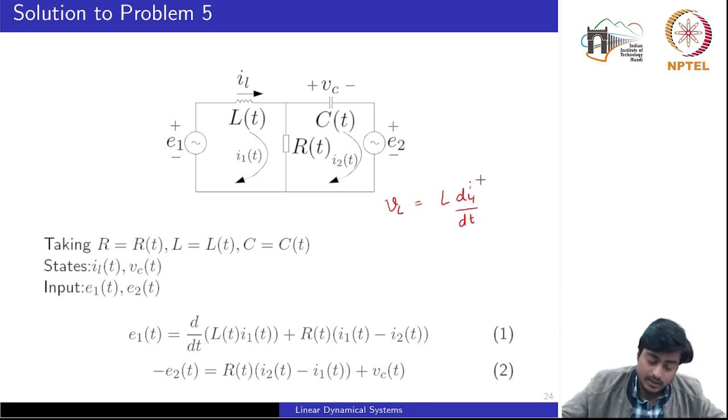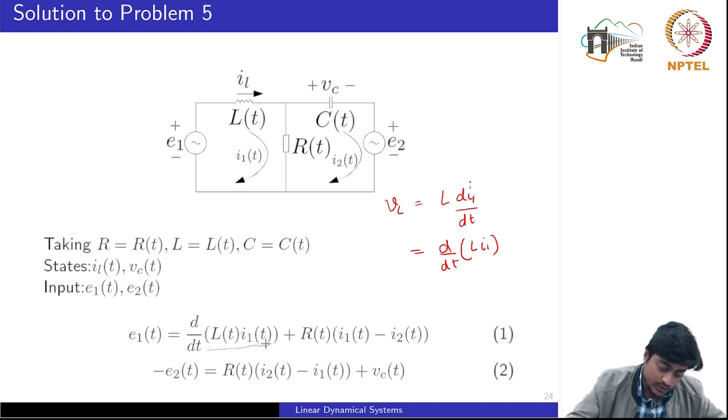But now L is a time dependent parameter, so we should have the derivative of the flux around this inductor, which is L i1. So this part we have used here.